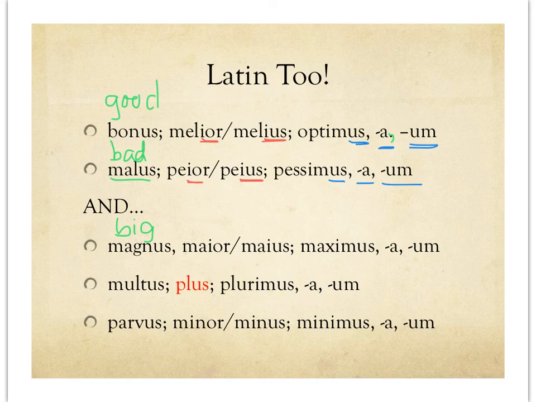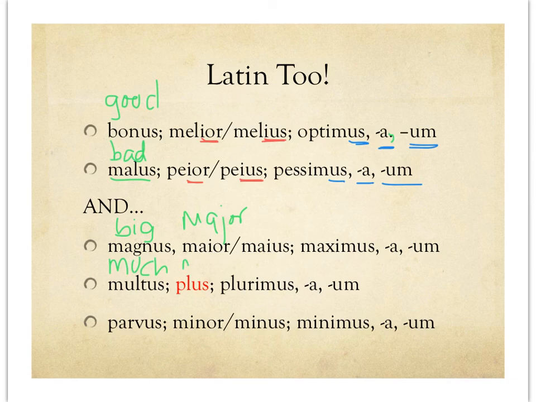This is where we get the word major from. So if that helps you, something is big and then it's major and then it's of maximum size. I think that we get enough words in English that make sense to us, but it's not regular in Latin, obviously. And then we also have multus, which means much, and the comparative is plus, which we'll talk about, and then the superlative is plurimus, most.